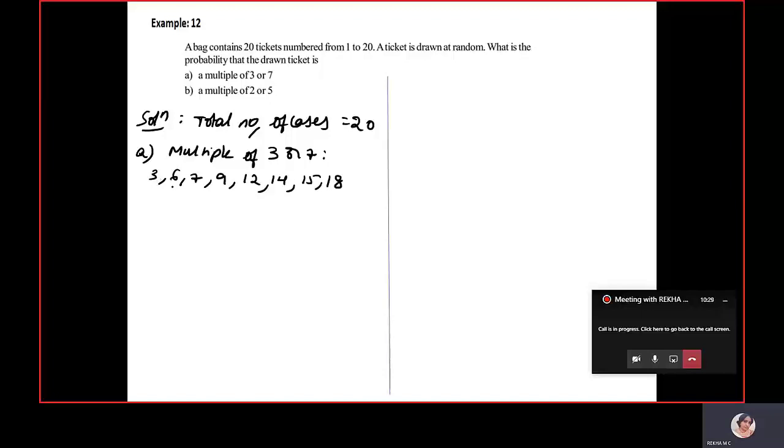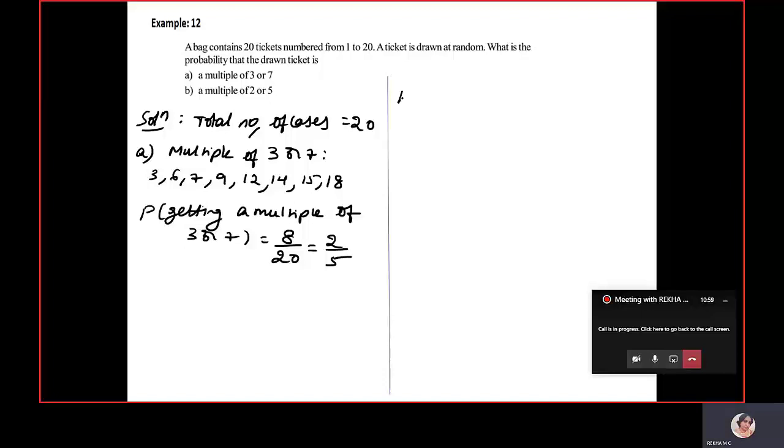So we'll be getting 8 numbers that are multiples of 3 or 7. So P of getting a multiple of 3 or 7 is equal to 8 divided by 20, that is 2 by 5.